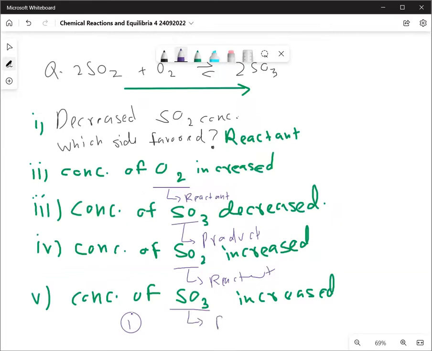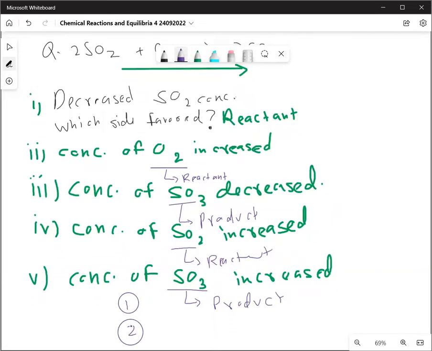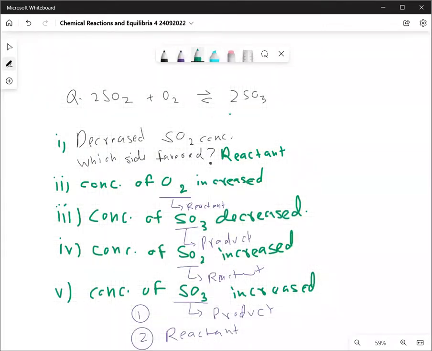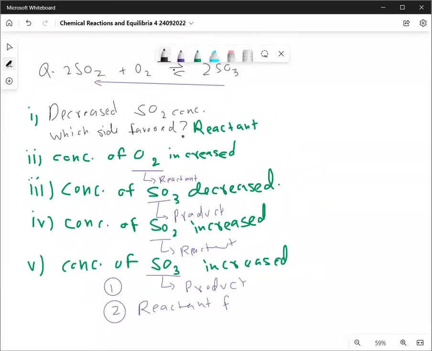Product. Increasing the concentration of product favors the yield of reactant. So reactant is favored. Good job. Now which way is the equilibrium going, forward or backward? Backward. Now let's write the equation for this as well. What is the backward equation?